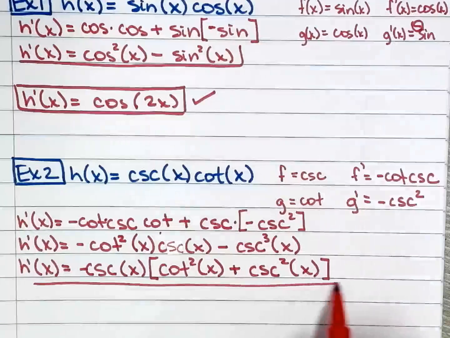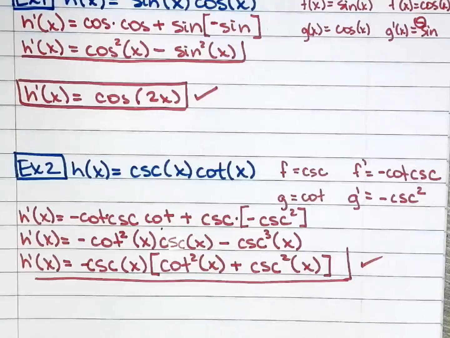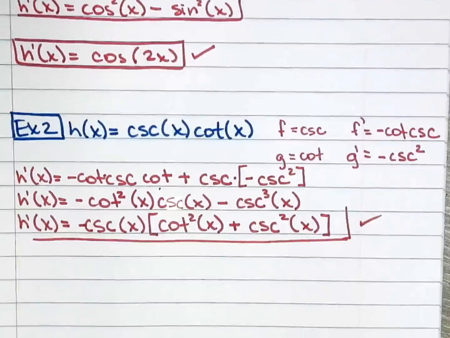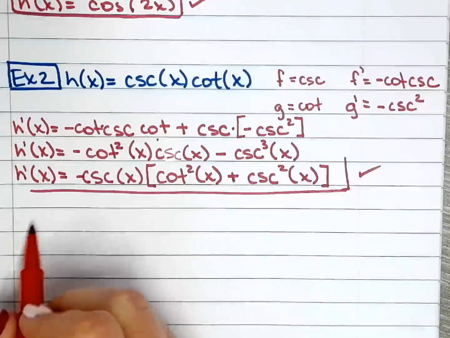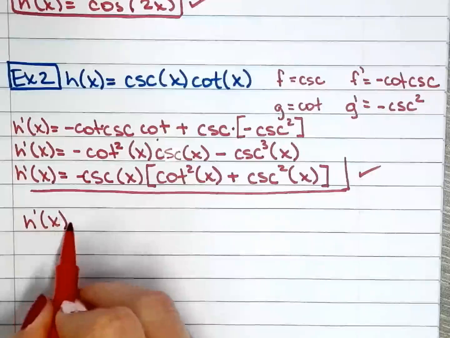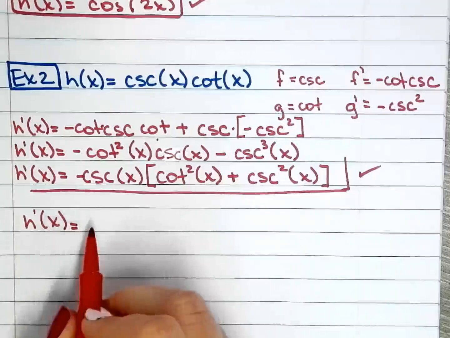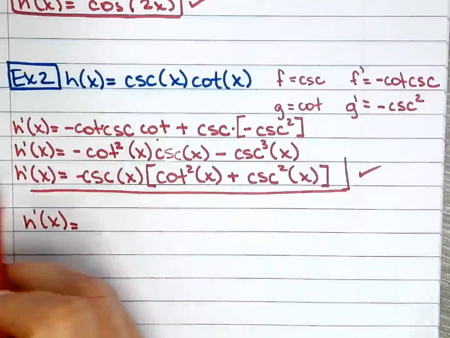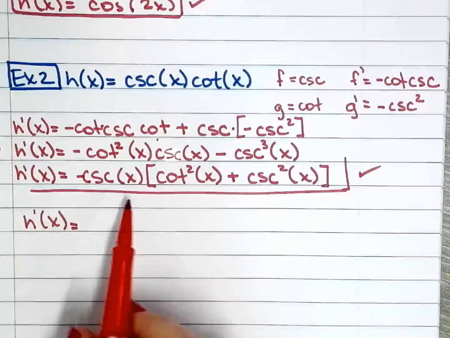Again, this is mathematically correct. You'll get it right, but will that give you full credit though? Here's how you get full credit. I know cosecant is 1 over sine. Let's pick it from here because this is already factored out.